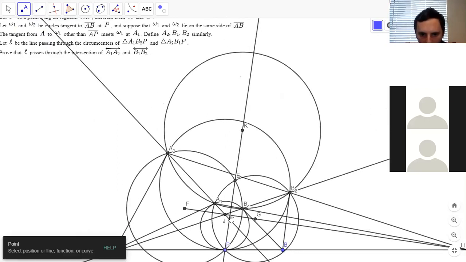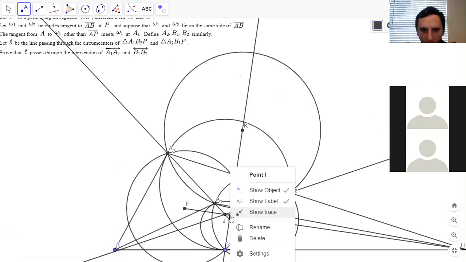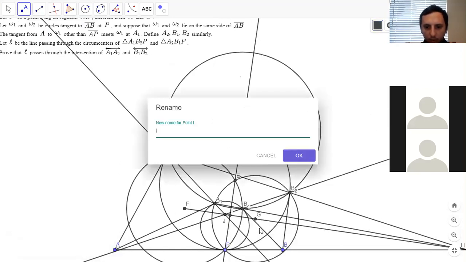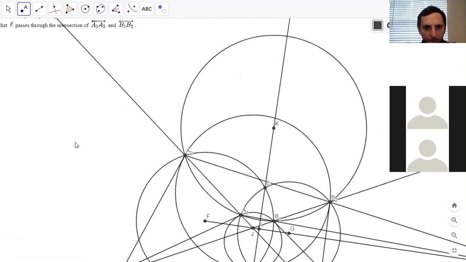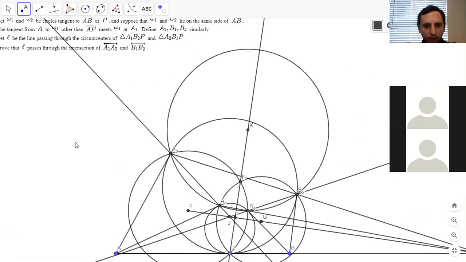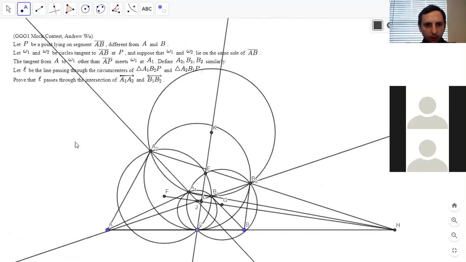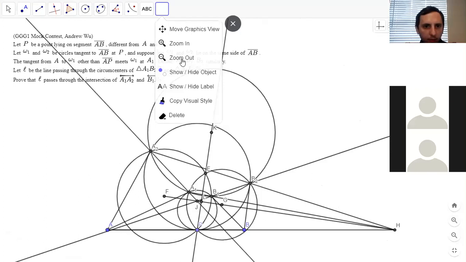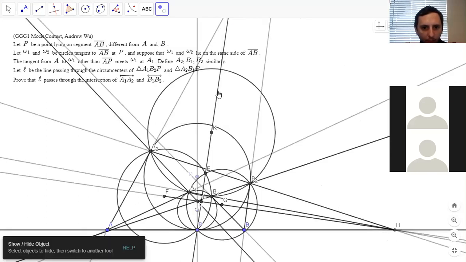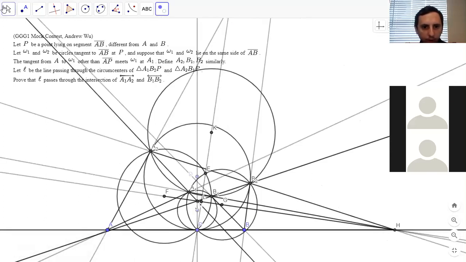Right here. There we go. Call it L. So L is the perpendicular from P to FG.